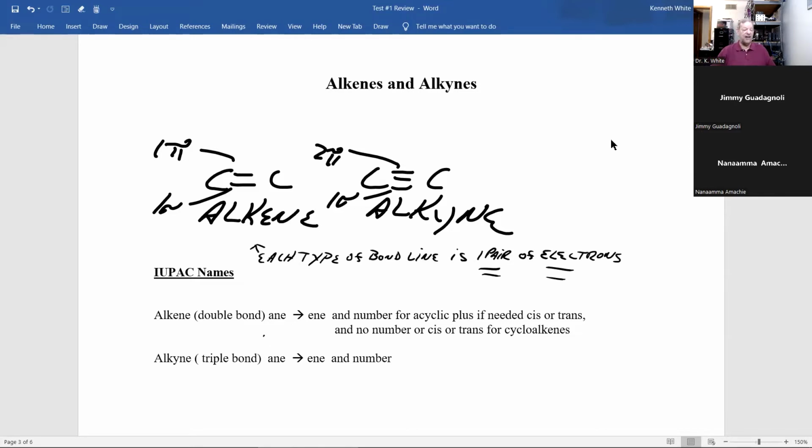So a double bond has 2 pairs of electrons, 2 lines, and a triple bond has 3 pairs of electrons.